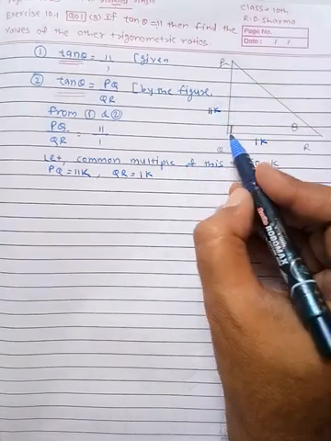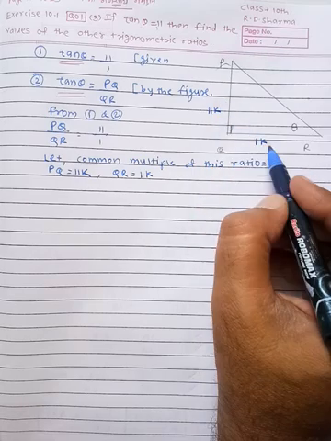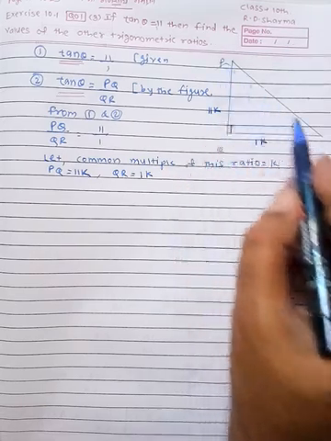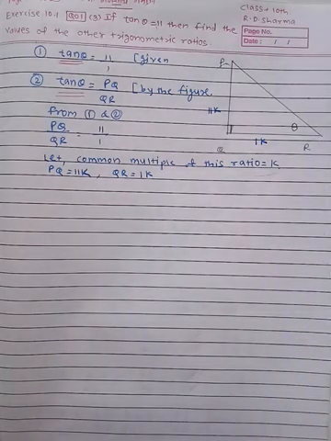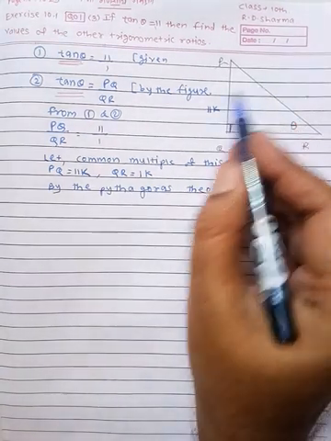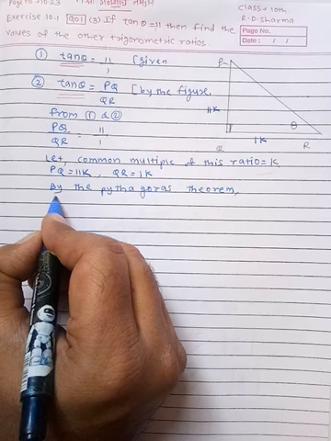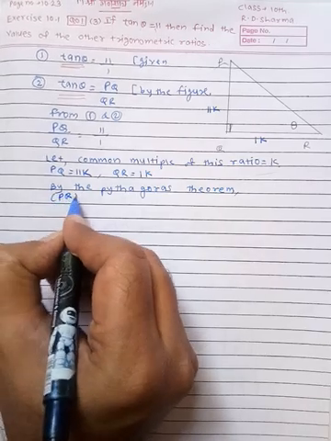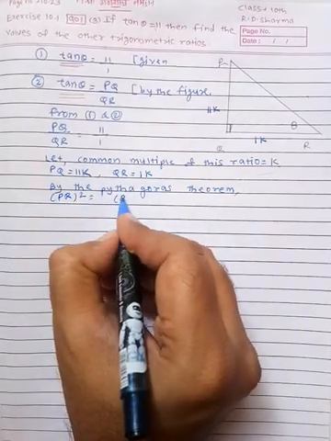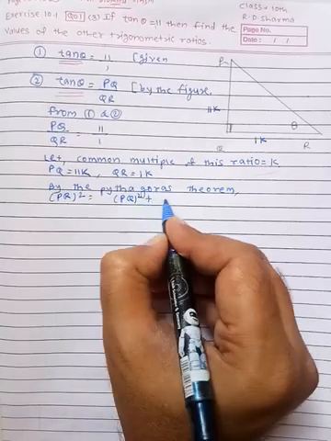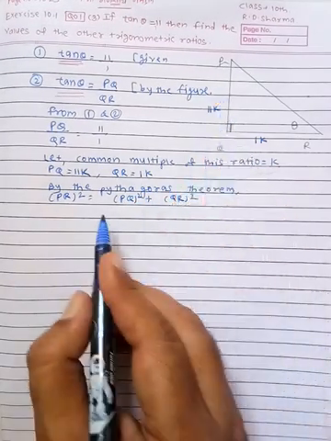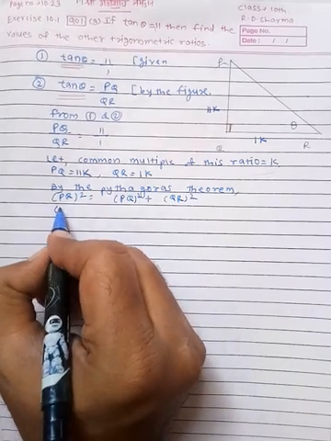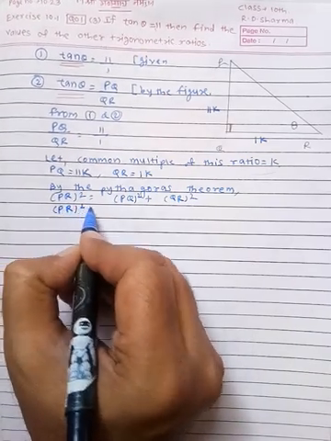In the triangle PQR, angle Q is 90 degrees. We know the length of two sides. We can easily find the hypotenuse by the Pythagoras theorem. PR square equals PQ square plus QR square. Put the values. PR square as it is, that we want to find.